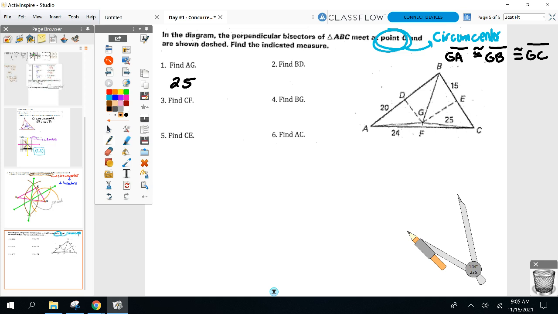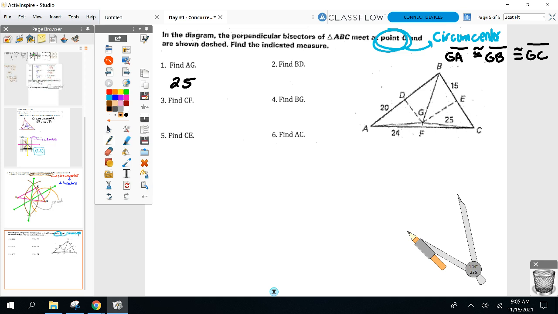BD. Ooh, stop. Everybody stop. What is DG? If G's the circumcenter, what's DG then?